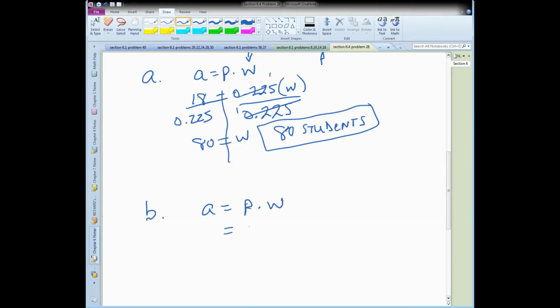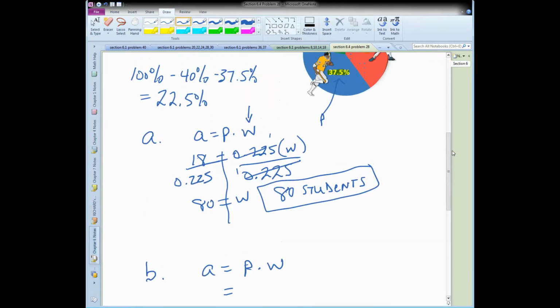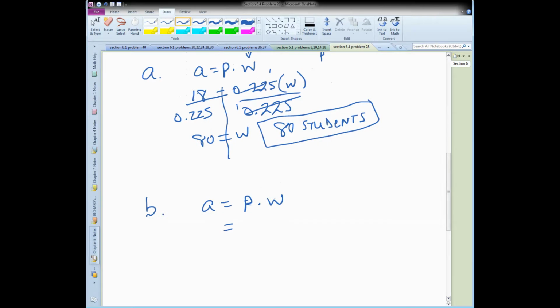Football represented 37.5% of the students, so I write that as a decimal. I know the whole is 80.